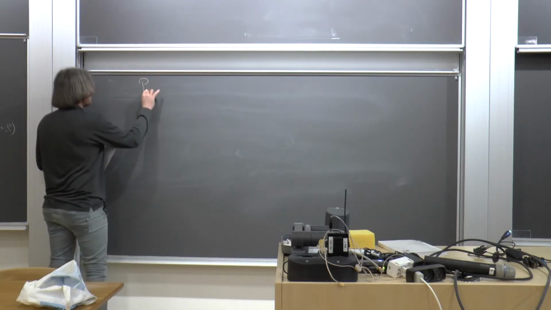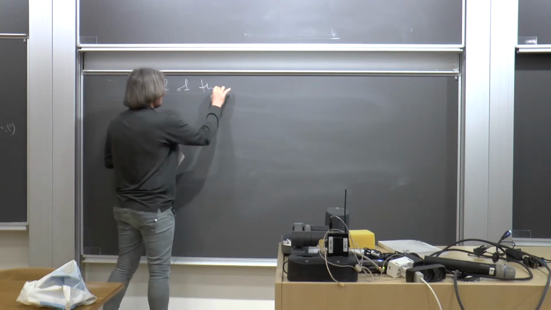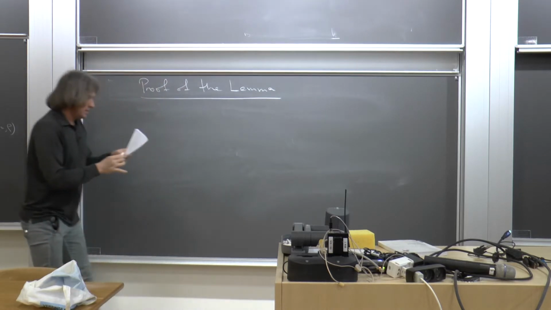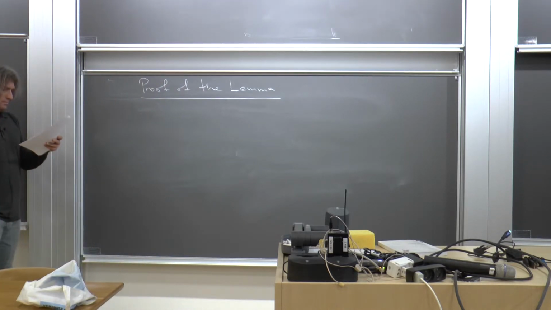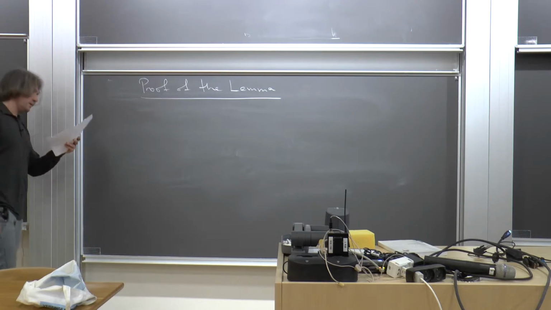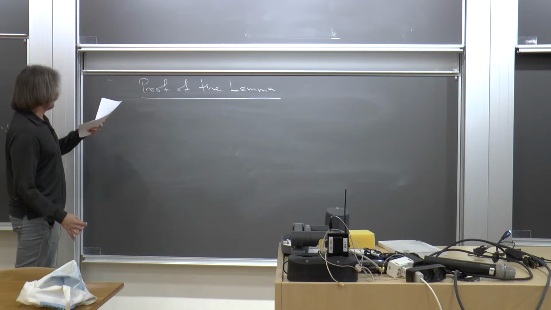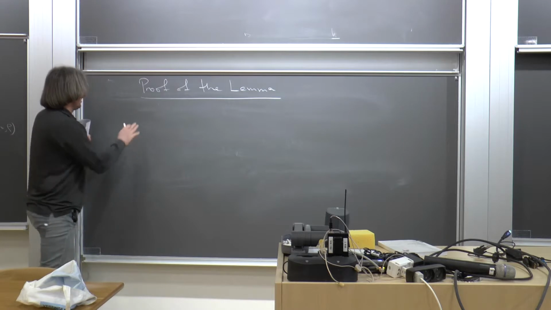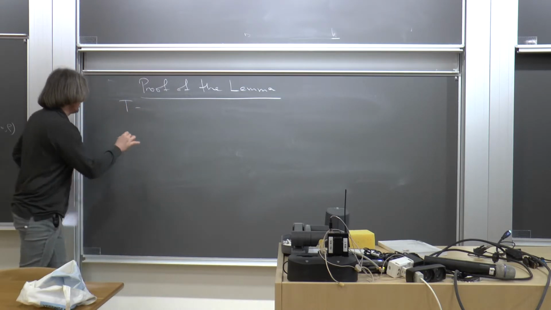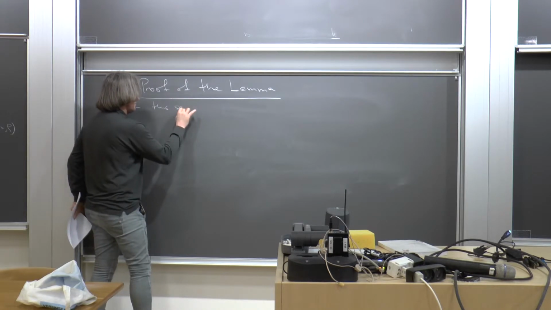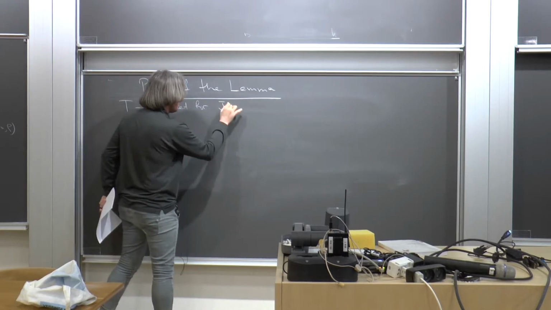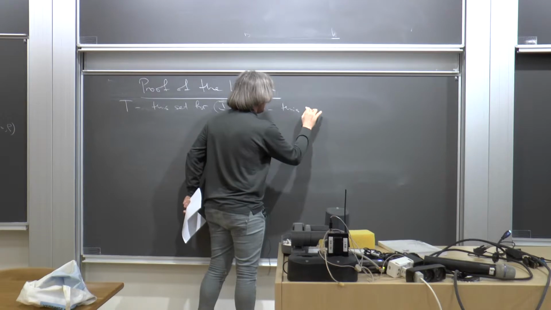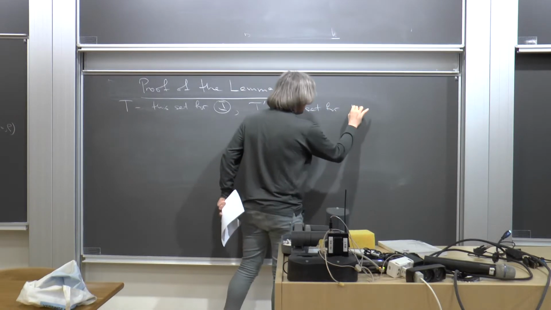So, proof. Let's go in this direction. We have T, this set for the first series, and T prime is this set for the second series.